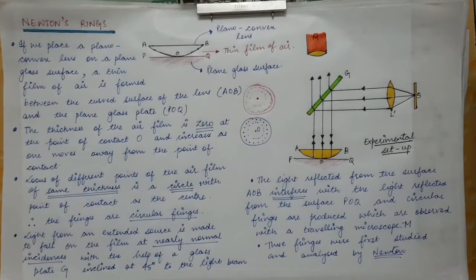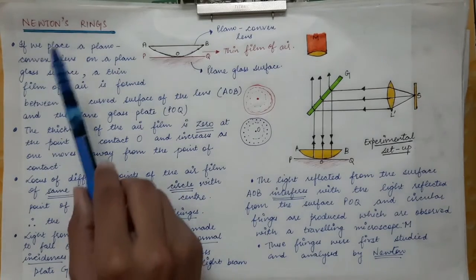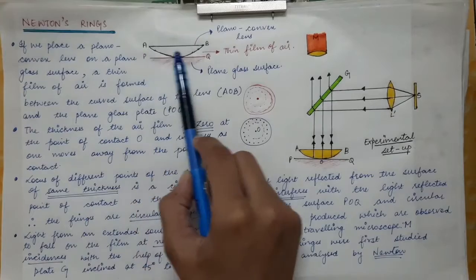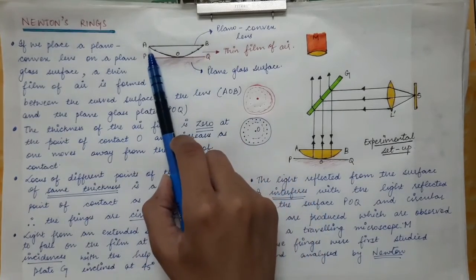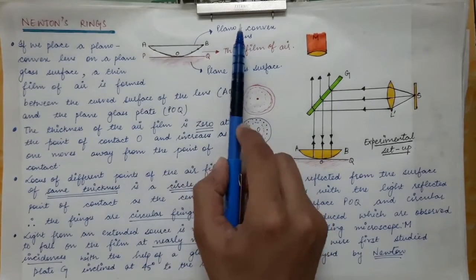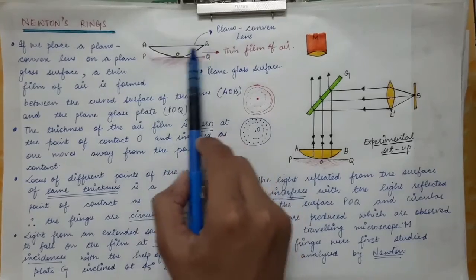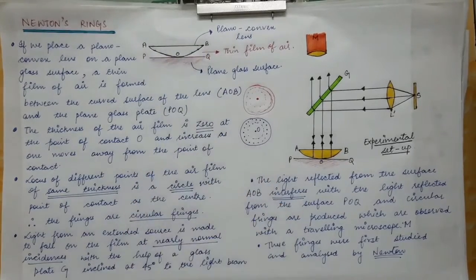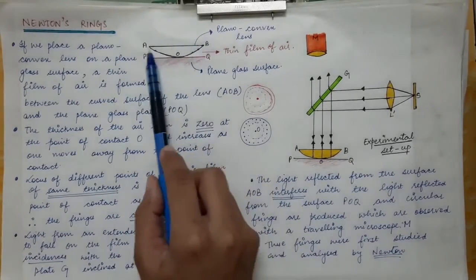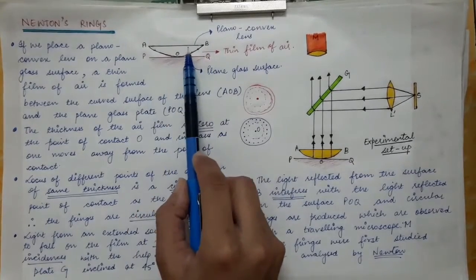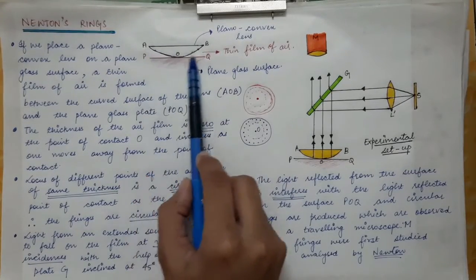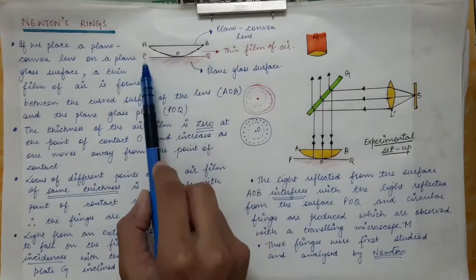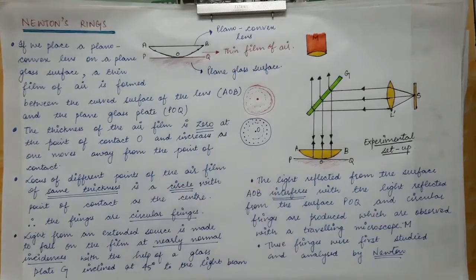So what kind of thin film is used in case of obtaining Newton's rings? A plano-convex lens is taken. Plano-convex lens means it is plane from one side and is curved from the other side. So a plano-convex lens is placed on a plain glass surface.